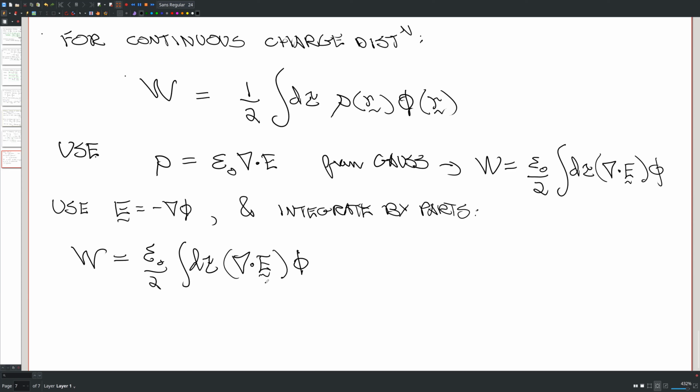But what I'll want to do is take a gradient of this. I will consider the gradient of div E times phi. Or actually, no, sorry. Let me just try to simplify it, but I'm making it more complicated for you.